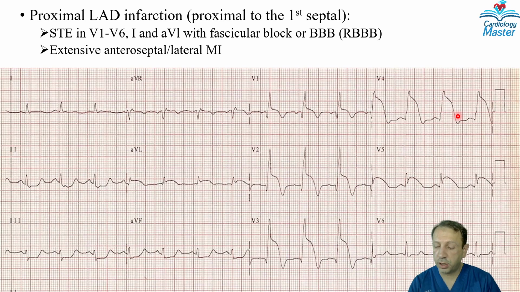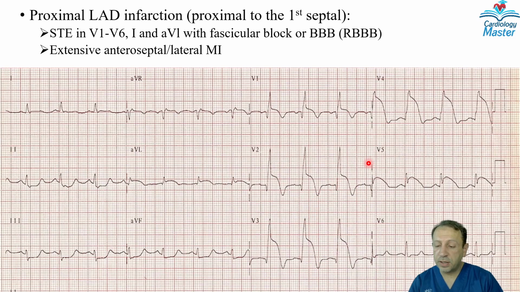You should also recognize that ST elevation myocardial infarctions are associated with Q waves. So how do we define ST elevation due to a myocardial infarction rather than pericarditis? We say that the presence of the Q waves is very important.